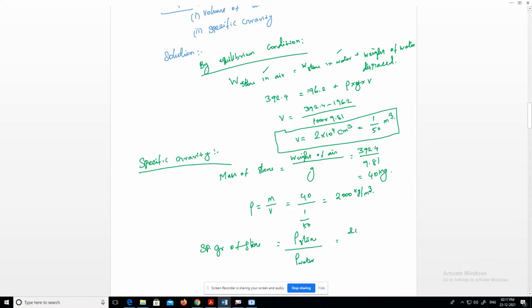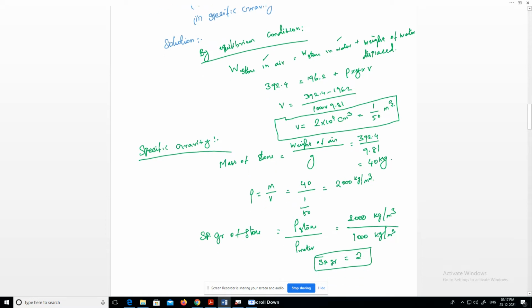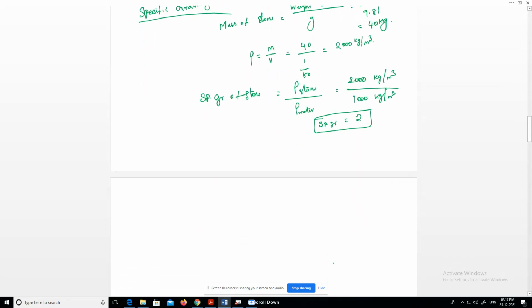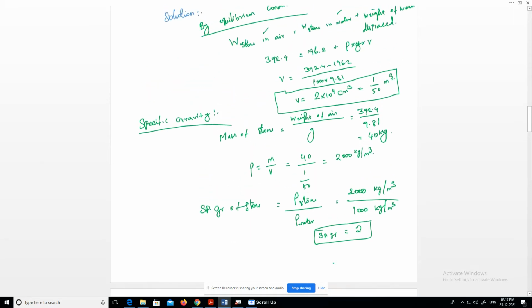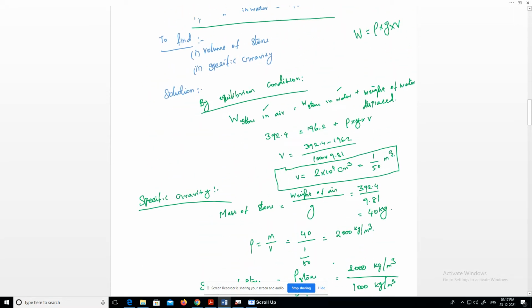Density of stone is 2000 kg per meter cube and density of water is 1000 kg per meter cube, which is equal to 2. Specific gravity is 2. Okay, this is the answer.